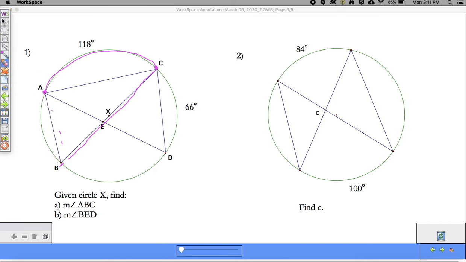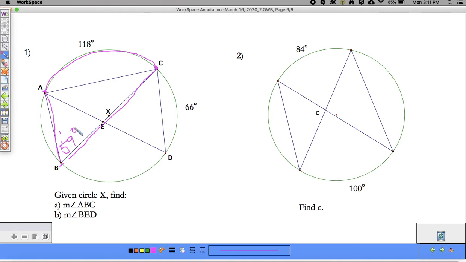So I'm going to go back to my marker. And this arc AC intercepts angle ABC, which means angle ABC must be how much of arc 118? And the answer is yes, it is half. So this should be 59 degrees.